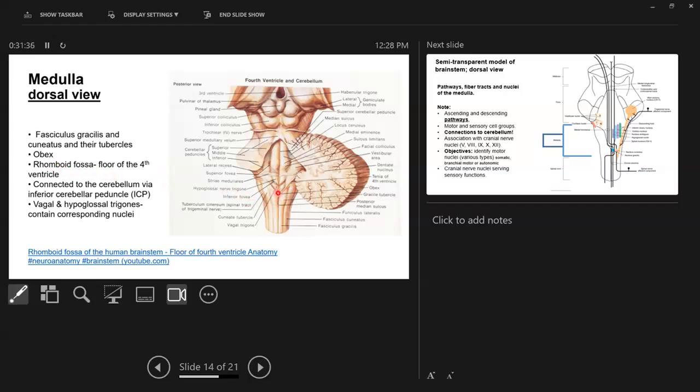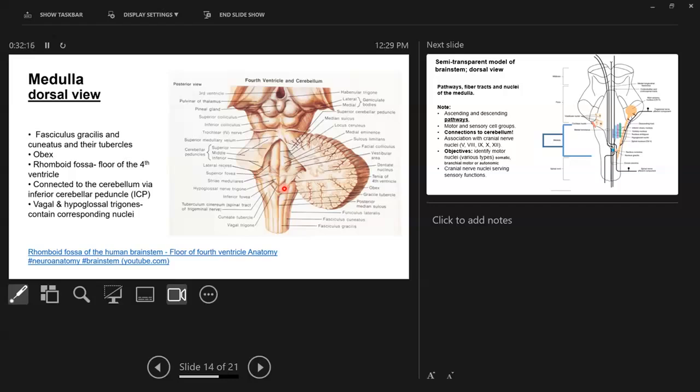We see area postrema, a chemosensitive area, just surrounding the obex, and two triangles, the vagal trigone and the hypoglossal trigone, just adjacent and still medial to sulcus limitans, containing the bumps corresponding to cranial nerve nuclei, signifying vagus and hypoglossal motor nuclei.